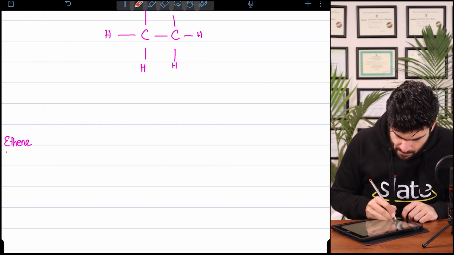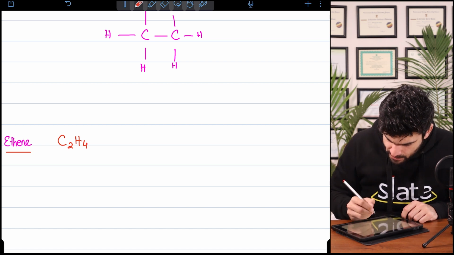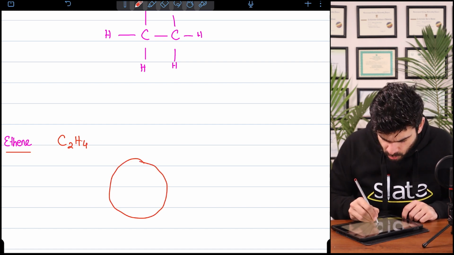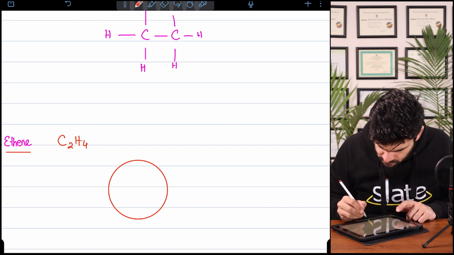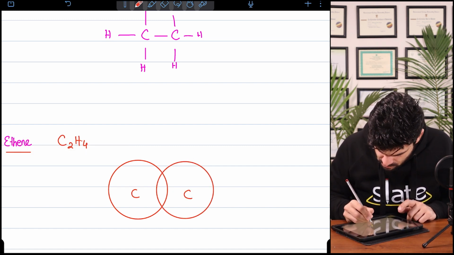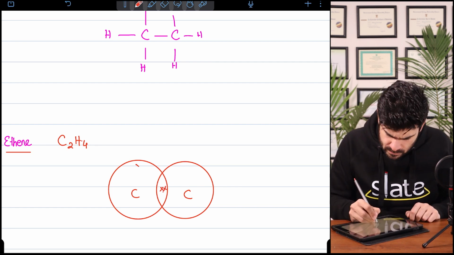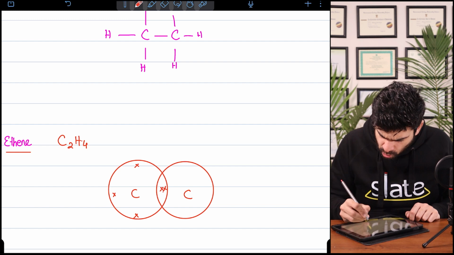Ethene. Ethene is C2H4. Remember, first make carbon-carbon bond. The crosses between two carbons. So carbon has 4 electrons.